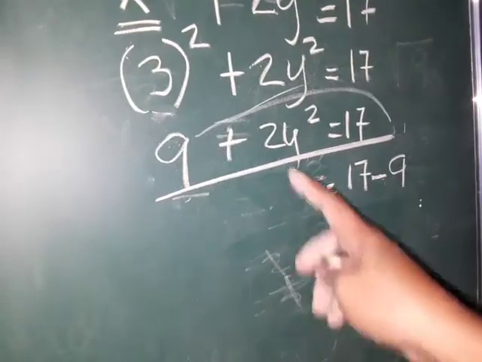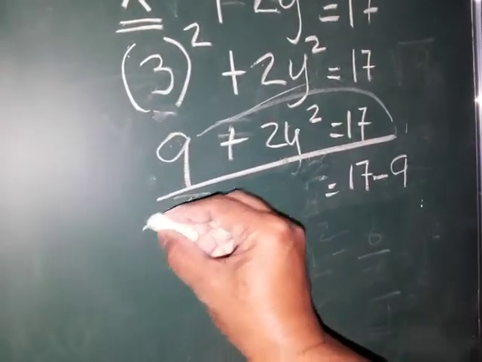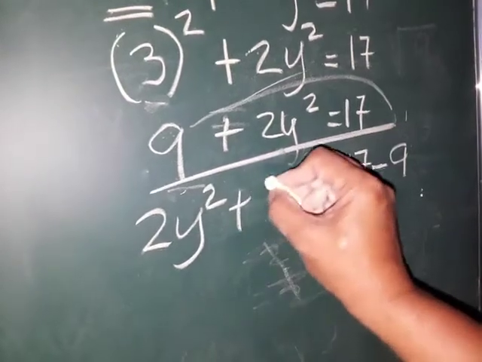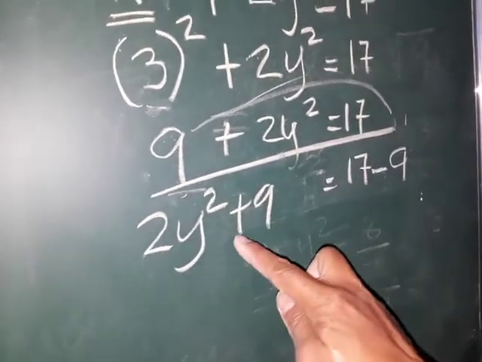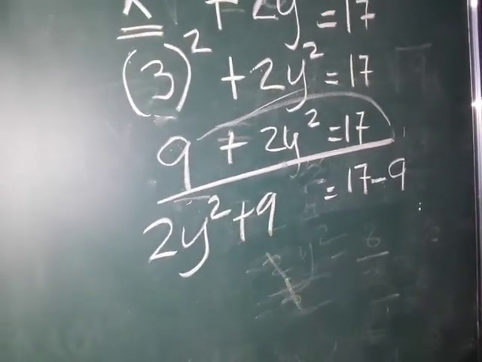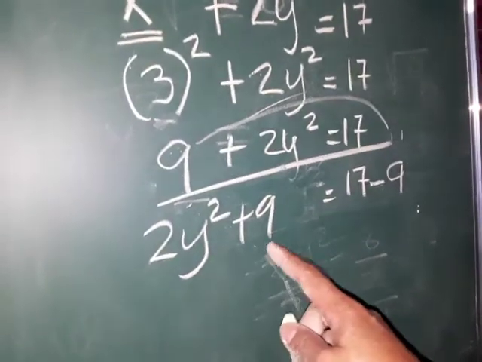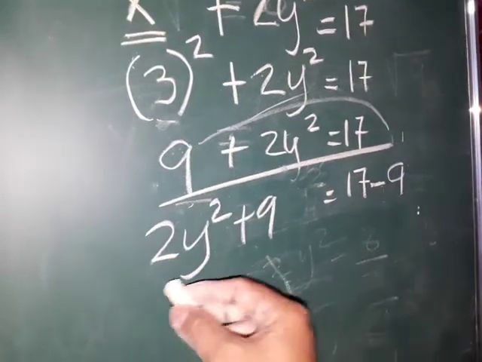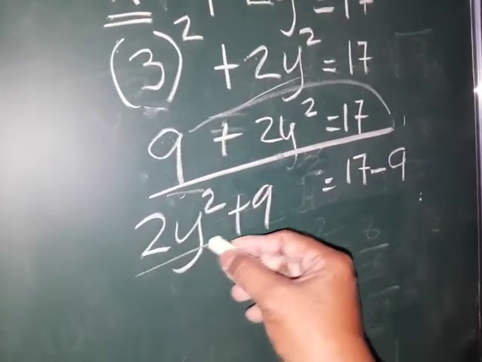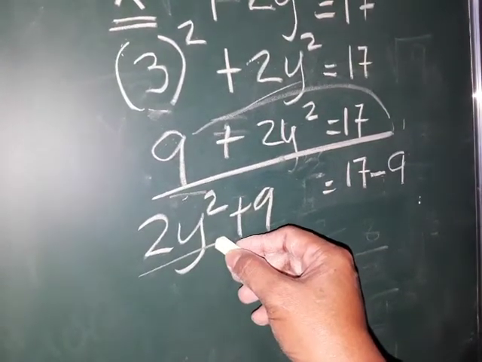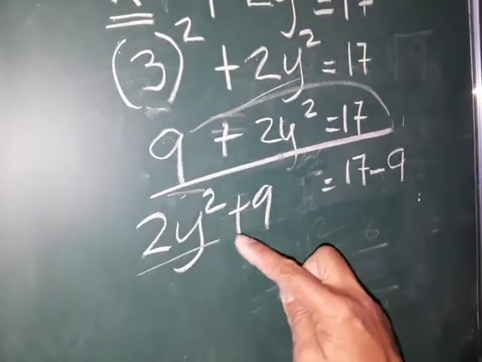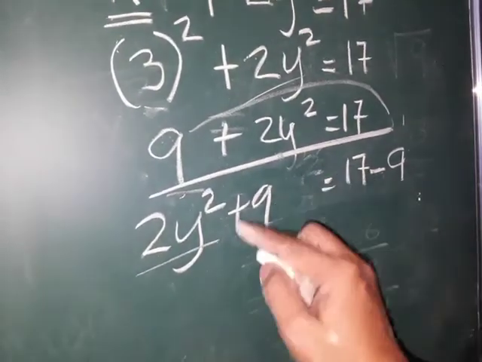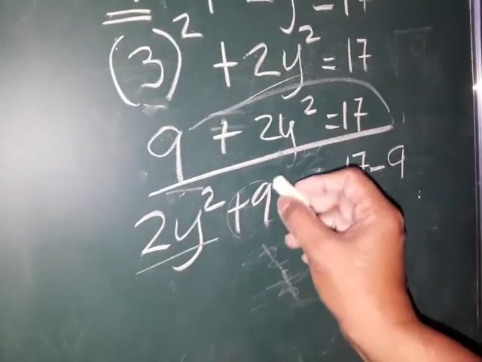Okay, so we're going to copy 2y squared plus 9. So what are we going to do with this? To remove plus 9 here, to isolate this one, meaning, so that what remains on this side is the 2y squared, this should disappear. What are we going to do? Whatever number is here with its sign, we just copy it and change the sign.